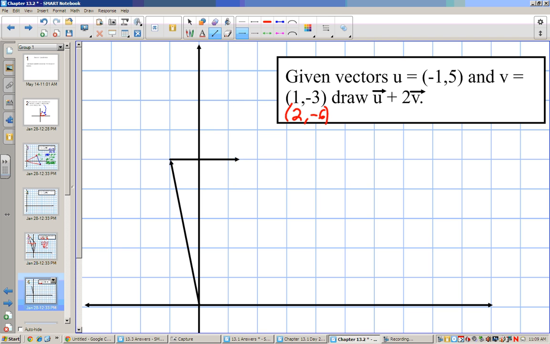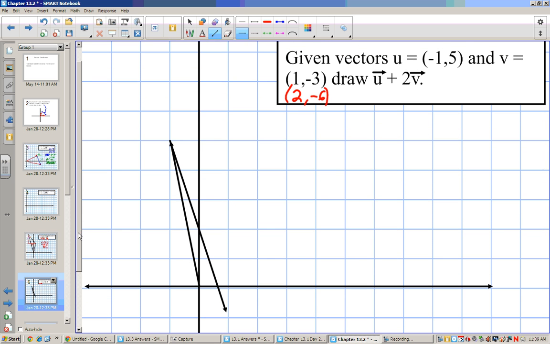So I go 2 to the right and 6 down: 1, 2, 3, 4, 5, 6. So now if I go from the beginning to the end, it looks like I go to the right one and down one. So my new vector would be 1, negative 1. That's the resultant, u plus 2v.